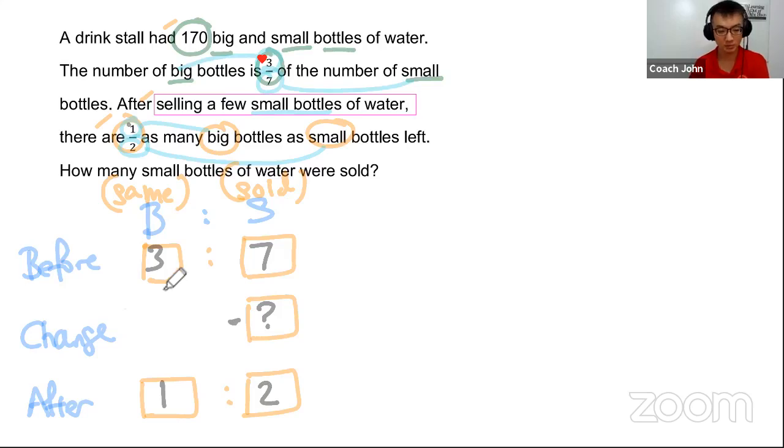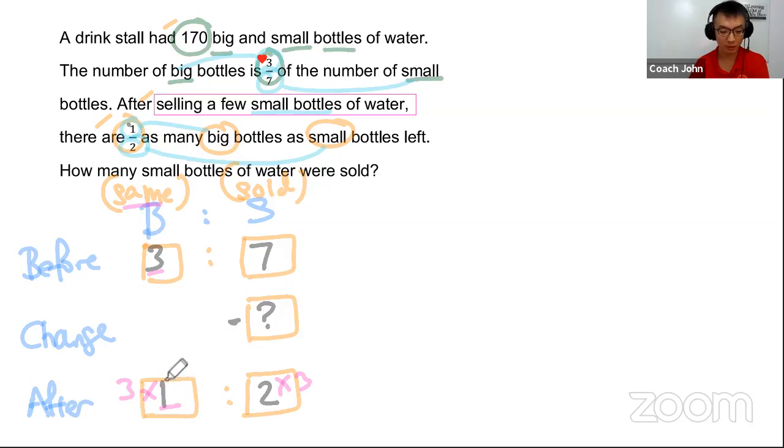Now, you realize that probably some children may be stuck here, but if you understand problem sum type, same means that these two numbers must be the same. So in fact, you have times 3 because 3 is the common multiple of 3 and 1, the first common multiple.